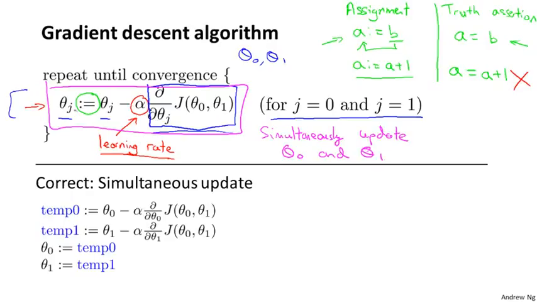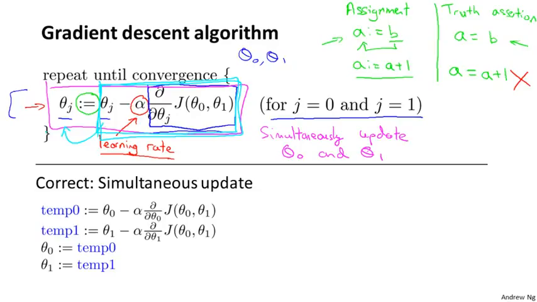What I mean by that is that, in this equation, we're going to update theta 0 equals theta 0 minus something, and update theta 1 equals theta 1 minus something. And the way to implement this is you should compute the right-hand side for theta 0 and theta 1, and then simultaneously, at the same time, update theta 0 and theta 1.